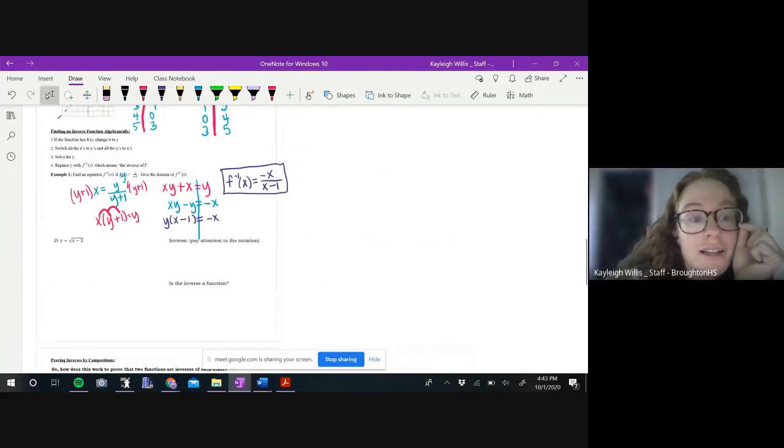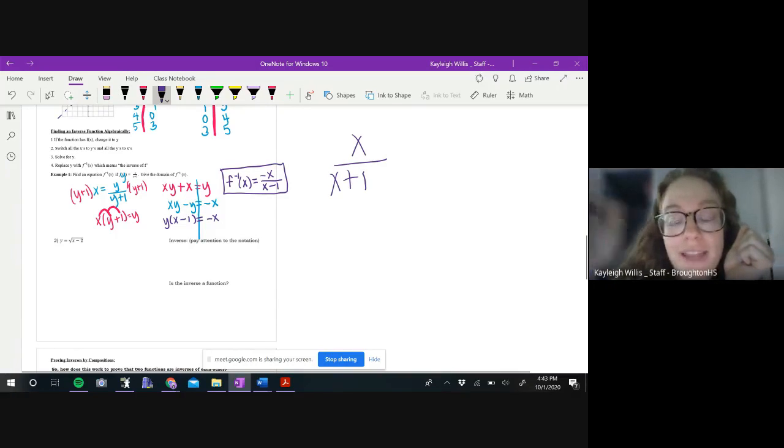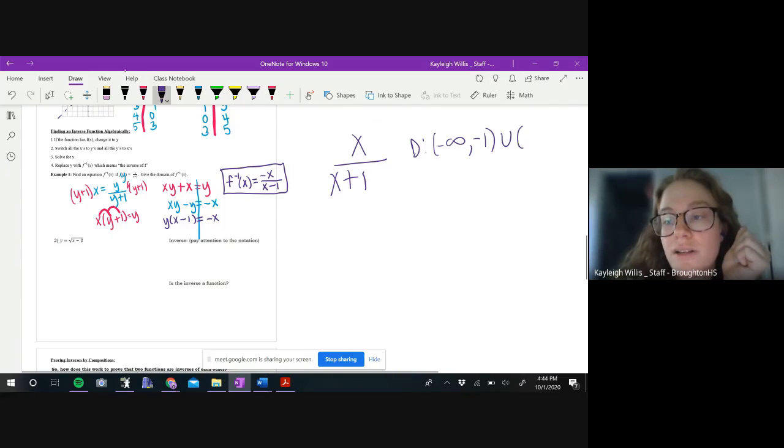Here, x over x plus 1 was my original function. If we were to graph that and look at our handy dandy calculator, we would see that the domain for this function was negative infinity to negative 1 and negative 1 to infinity. And the range for this guy was negative infinity to 1 and 1 to infinity.